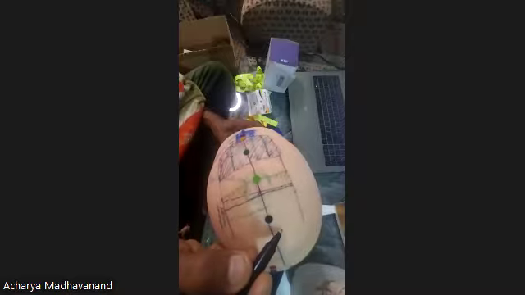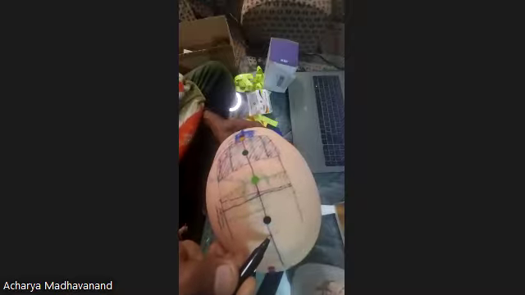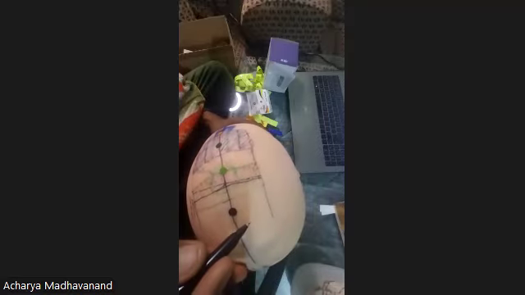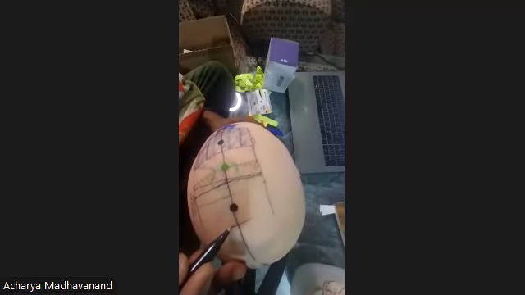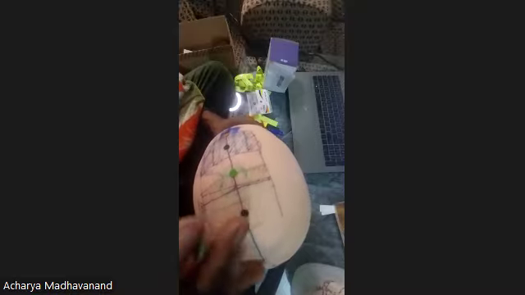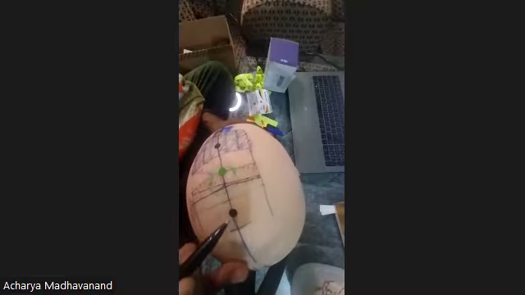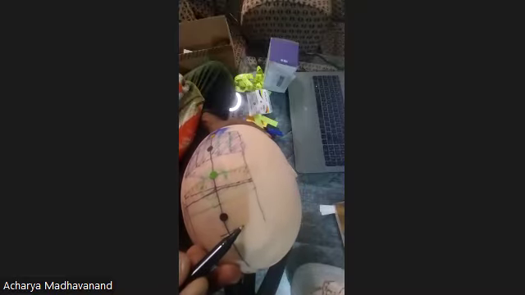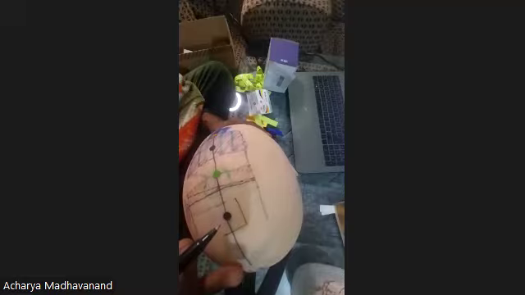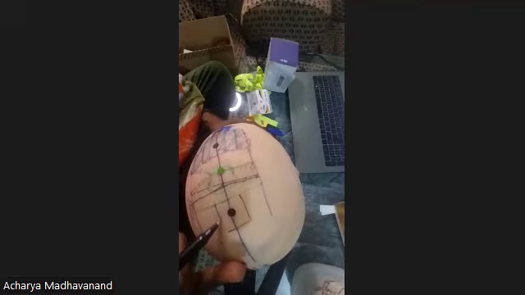So this is the area of DU20. And lateral to midline, half tune, and the other side half tune.